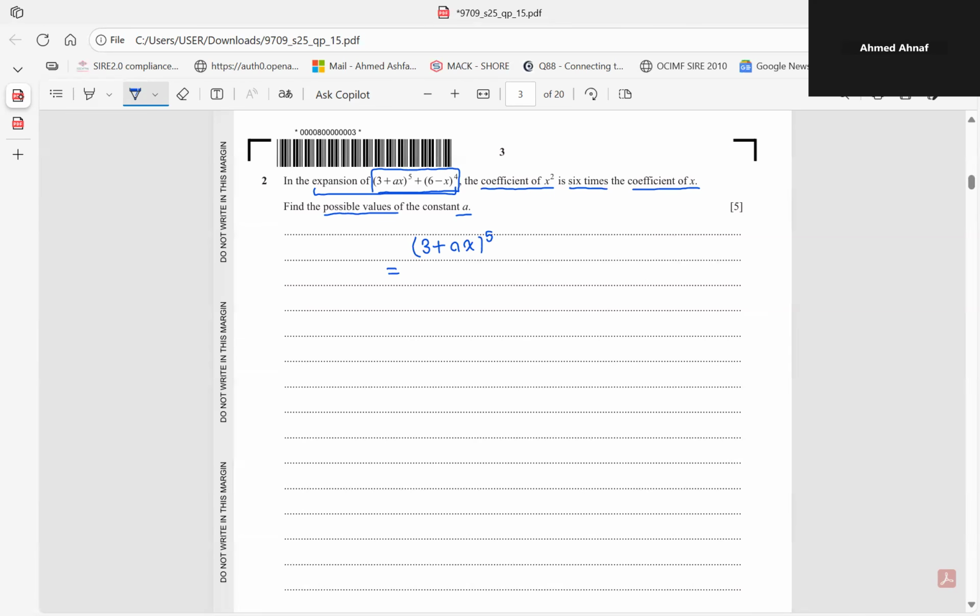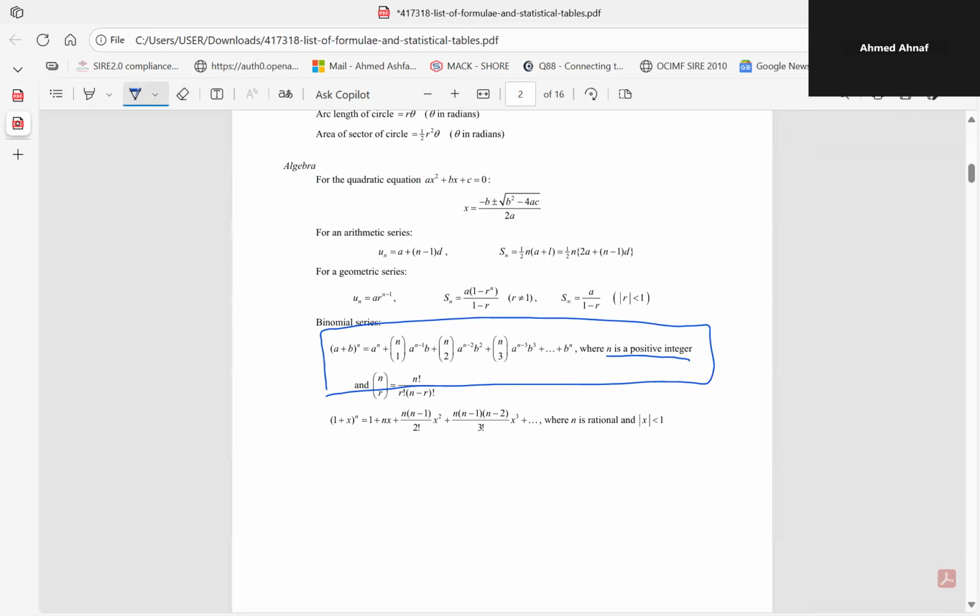Okay, you know what? There's a much better way to do this. Instead of expanding the whole thing out for each of our expressions, we can just find a formula for the general term, which is right here, kind of.